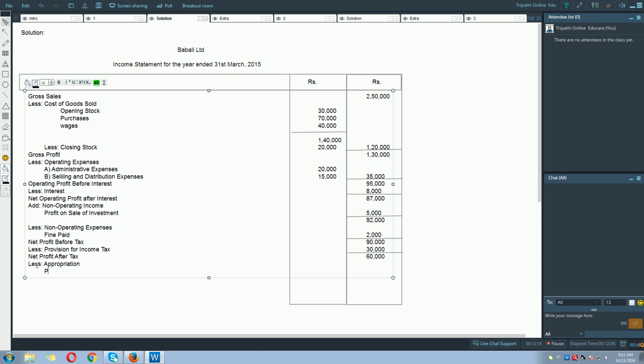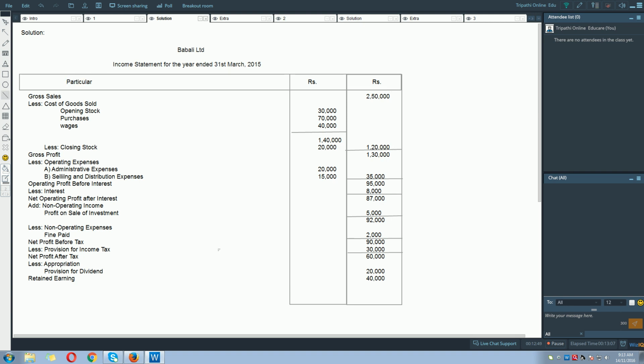From this we will subtract appropriation, and the first item that we have is provision for dividend. In fact, we have only one item, so directly take it in the outer column, 20,000.